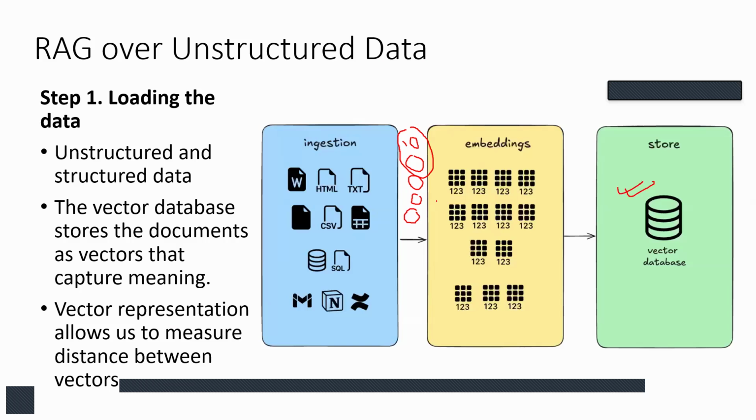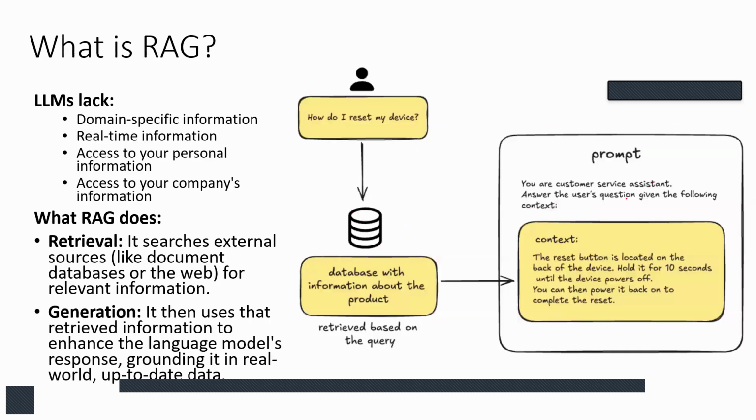Why are we doing that? Because when someone asks a question, like what is the HR policy for the leaves, my question will also be converted into a vector and searched in this vector database, and all the sentences which are similar to my question will be retrieved and sent to the LLM.